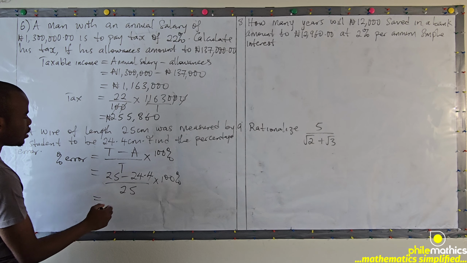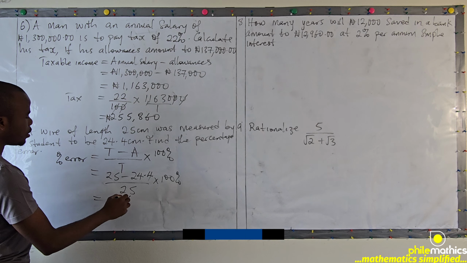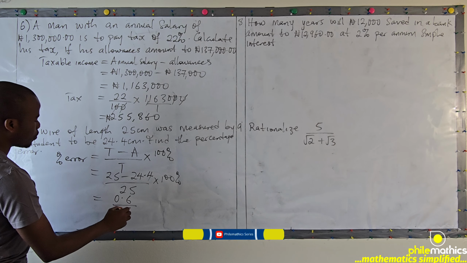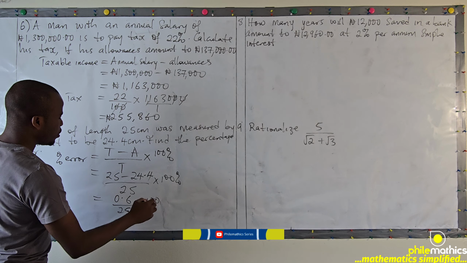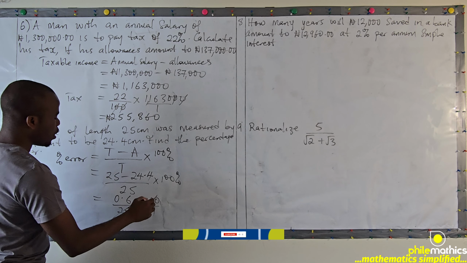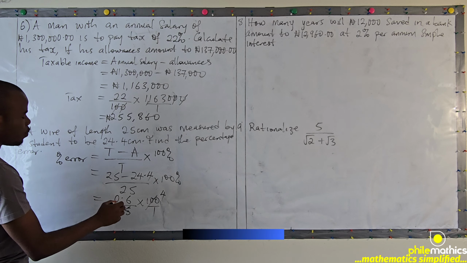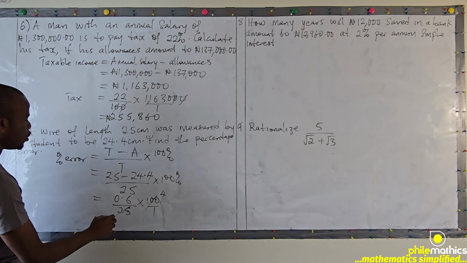So if we subtract this, we'll get 0.6 over 25 times 100 over 1. 25 can go into 100 4 times, and 4 times 0.6 is 2.4%.